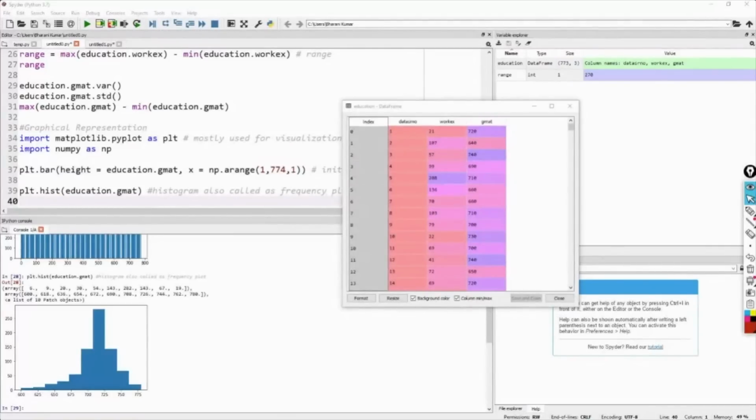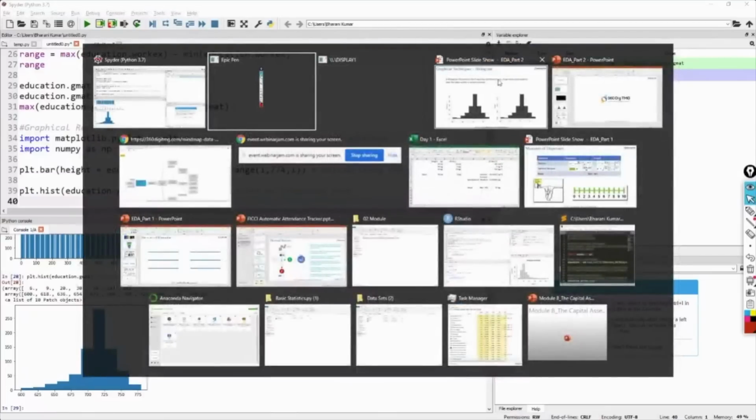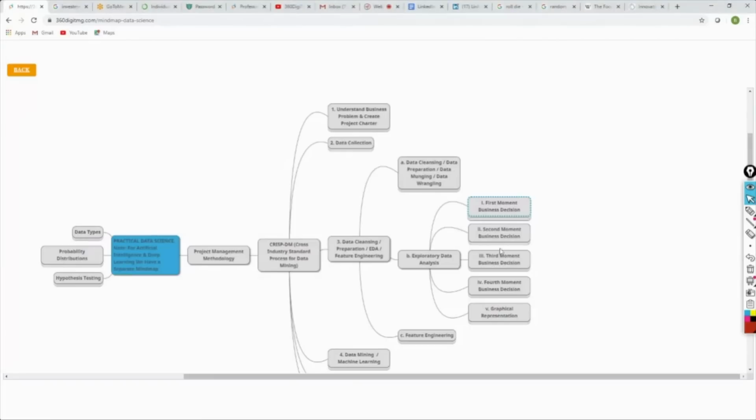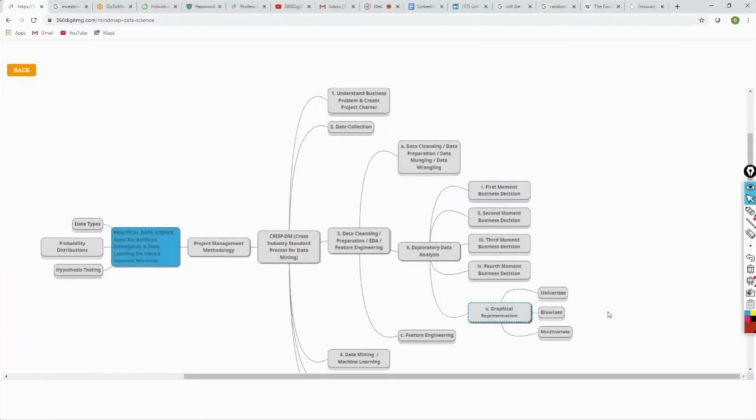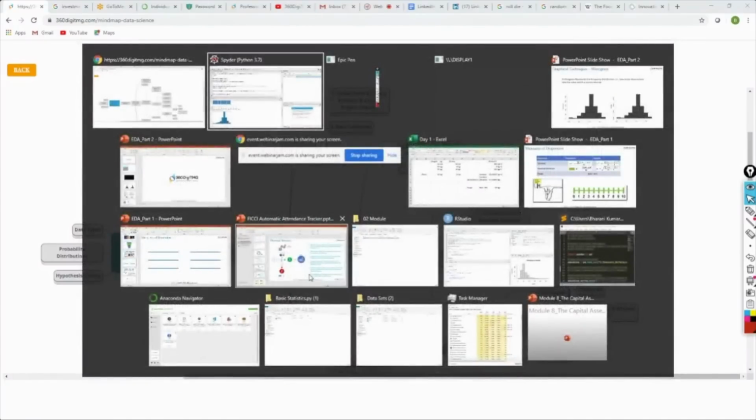Okay, so this is how you draw the histogram. Let me go back and show you that we have graphical representation, univariate plot. Univariate means single variable. So what am I doing here?